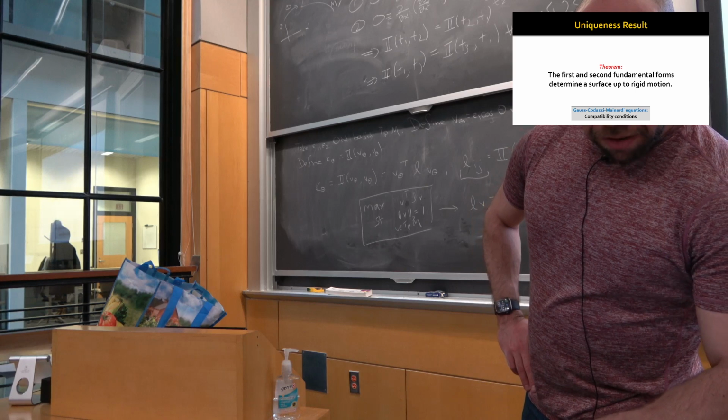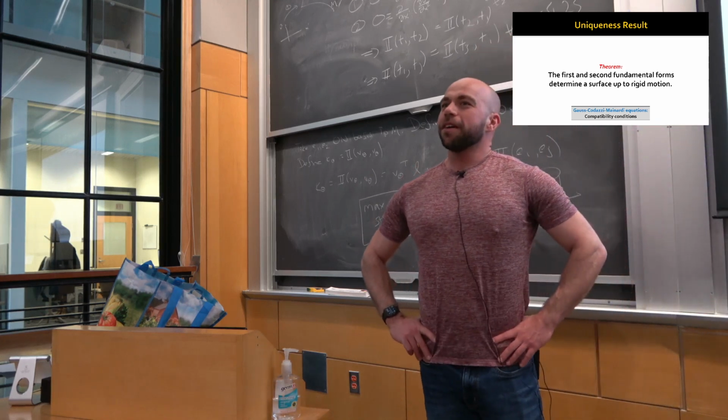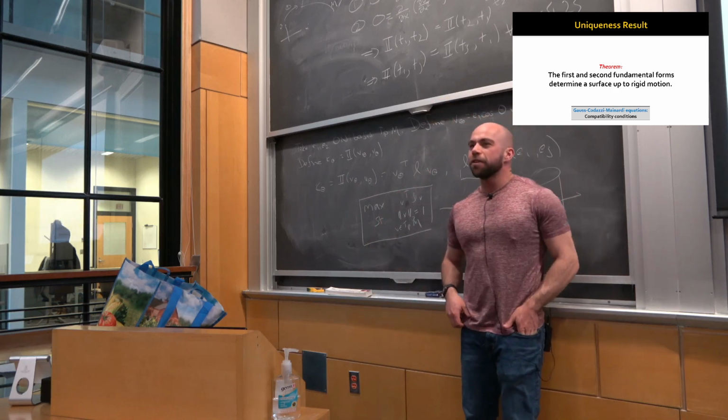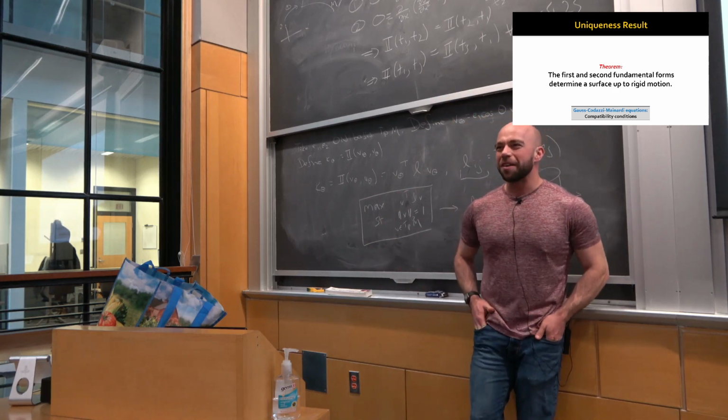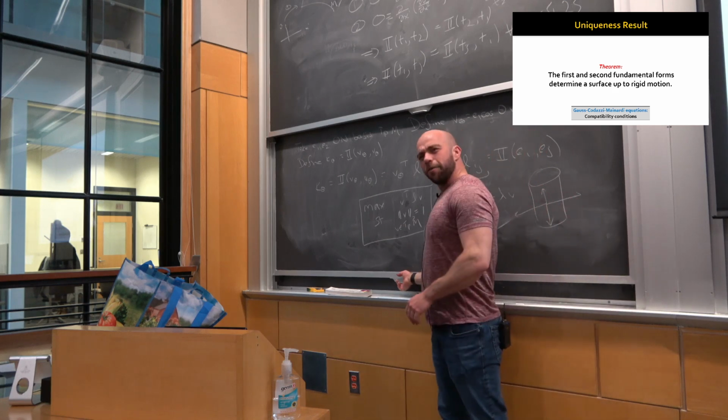One final note here. The question you should ask, similar to our lectures on curves: what did we show? We showed that if we know the curvature and the torsion of a curve, then we can reconstruct it. You could ask the same question here, but you have to be careful how you pose it.